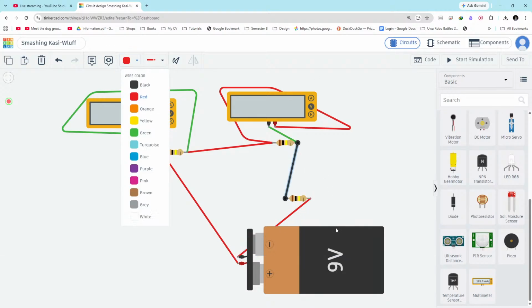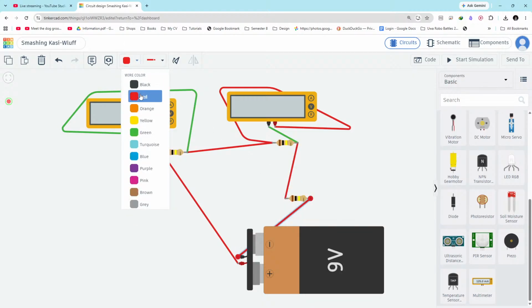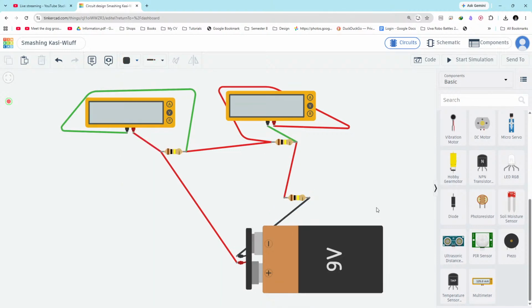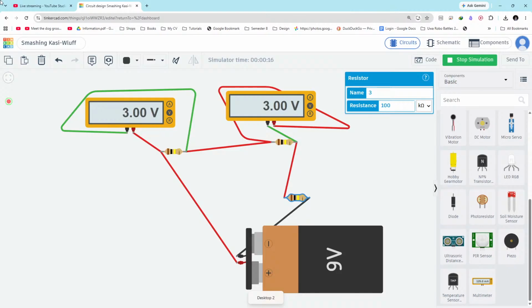Let's change this one to red and this one to black, just to make some sense out of the colors, right? So if I start the simulation now, you see 3 volts across this resistor, 3 volts across this resistor, and if you still measure the voltage across this resistor, it will be 3 volts, right? That should be clear for you. Yeah, I think that is clear, right?